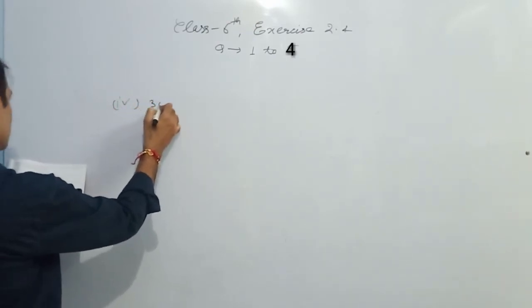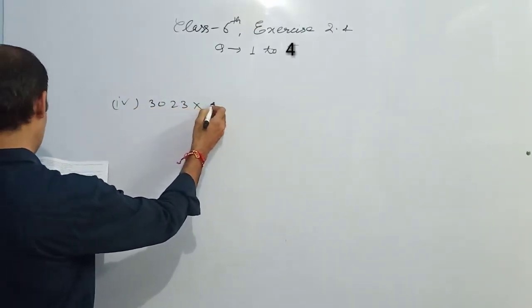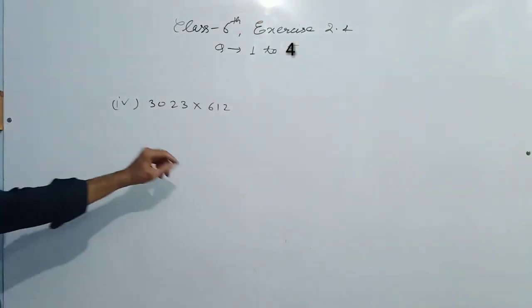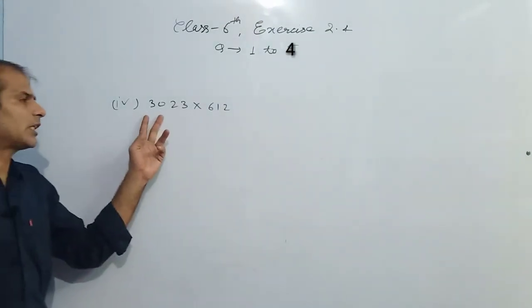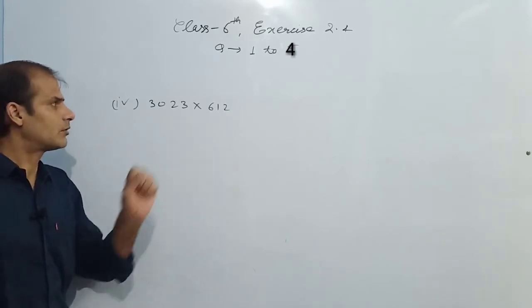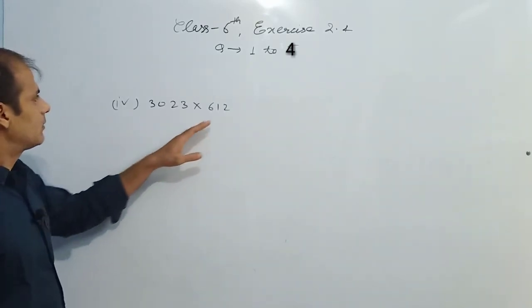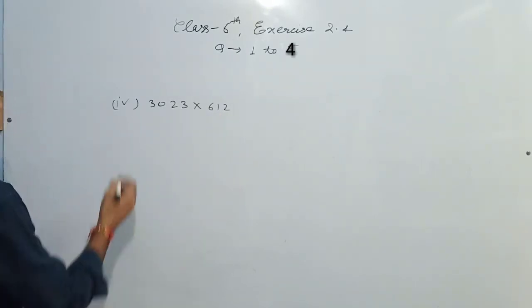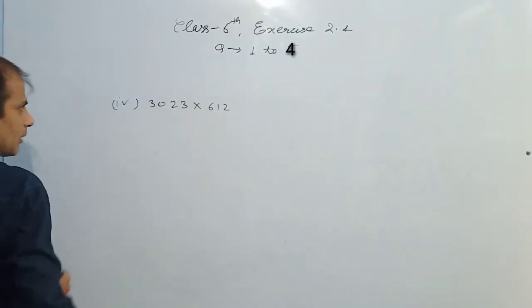Next part is fourth part. 3023 into 612. Listen, you can break this number also as 3000 plus 20 plus 3, and you can break this also as 600 plus 12. So we break this number.